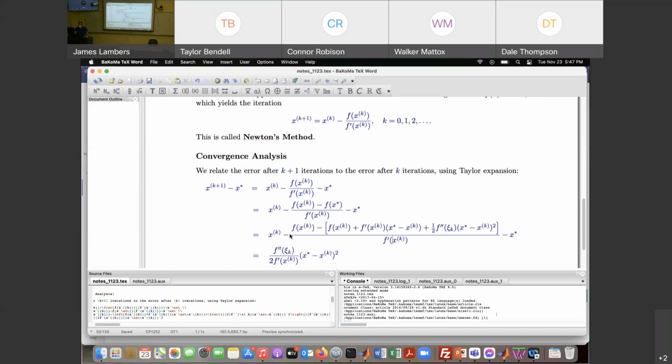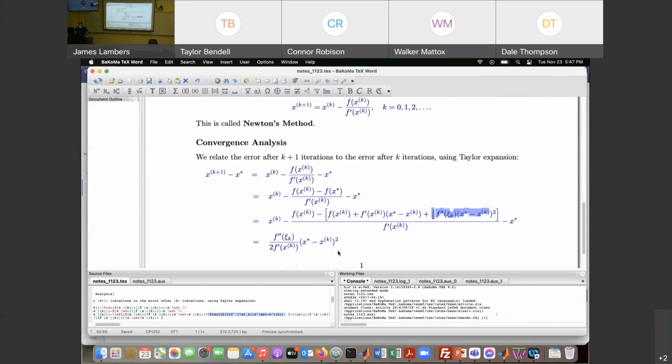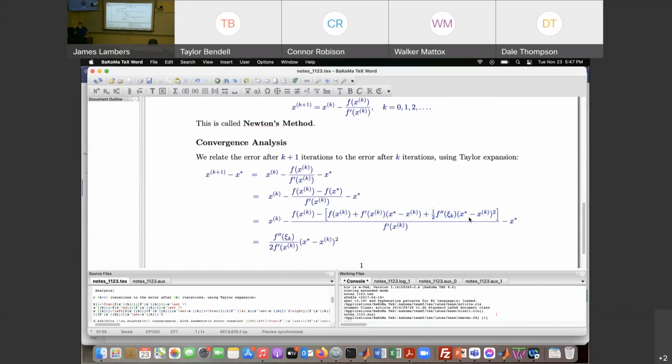In other words, everything here cancels, except for just that term there. And that involves x star minus xk squared. In other words, we have quadratic convergence. So each error is proportional to the previous error squared.